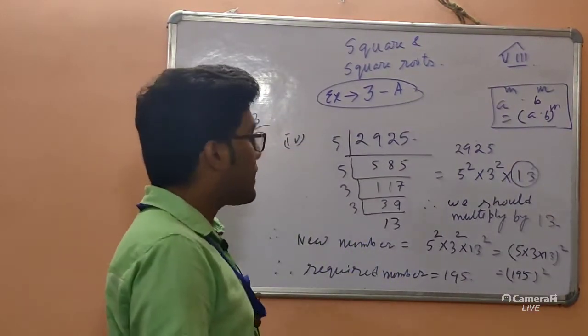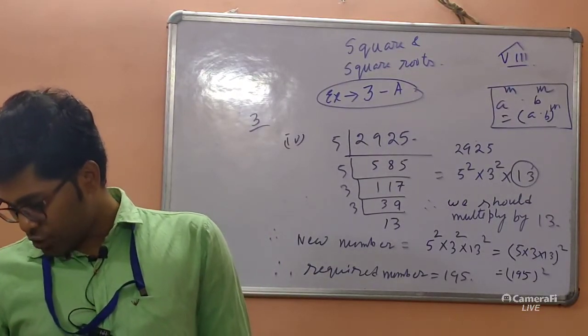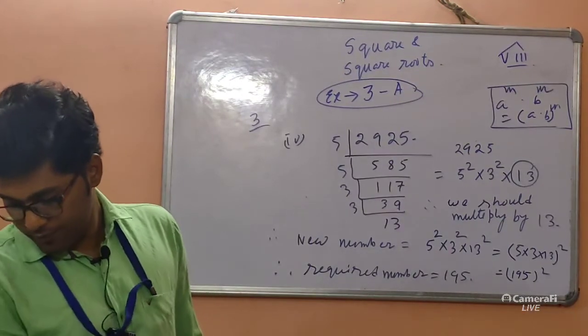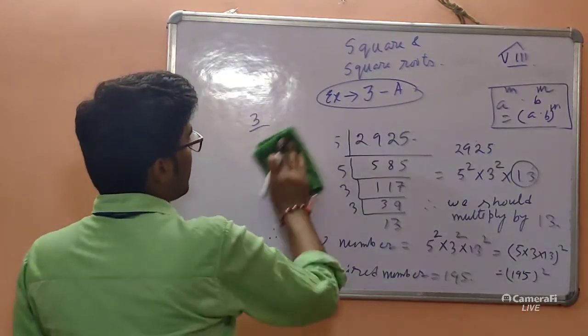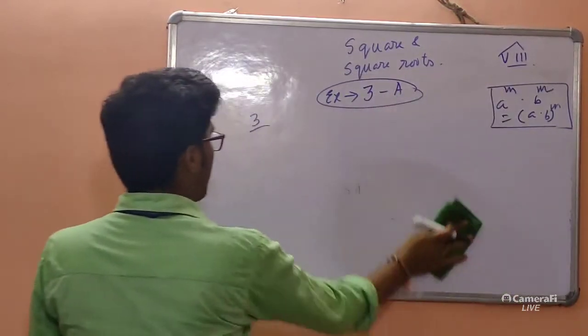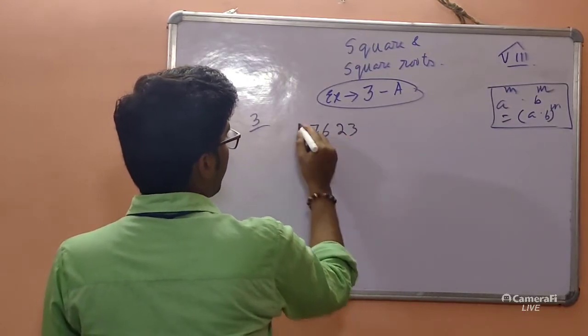Okay, let us solve the next one. 7623. In a similar way we will do 7623.